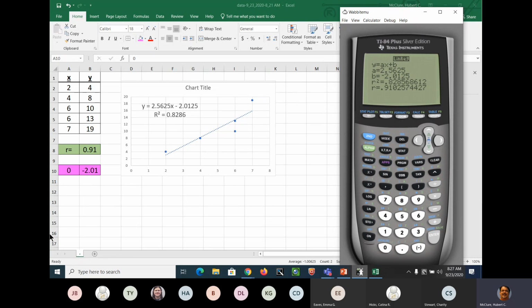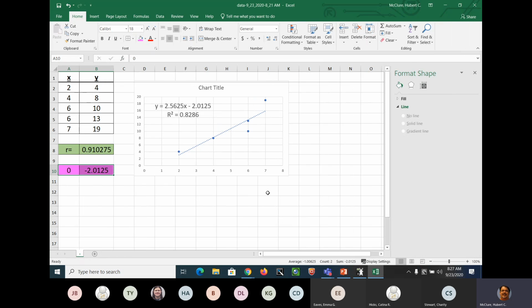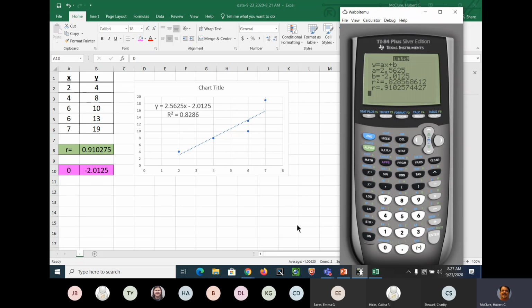Okay, now I'm going to extend this a little bit. There you go. You can have some extra digits for the R in case they ask you to go to 3 digits. 0.91 0257. Okay, so you're done with the work.